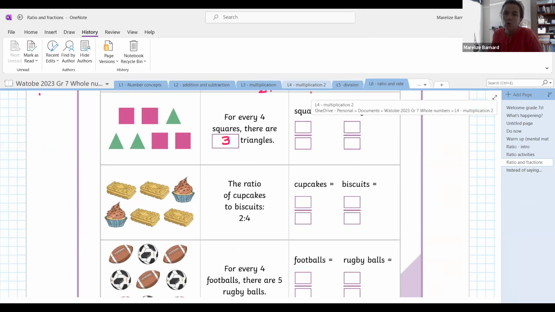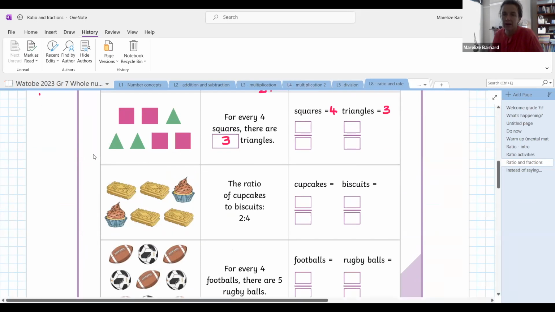So all together here, we have 7 shapes. We can say 4 of those 7 are squares and 3 of the 7 are triangles. But the ratio of squares to triangles is 4 to 3. And that's the same as writing it as 4 over 3.